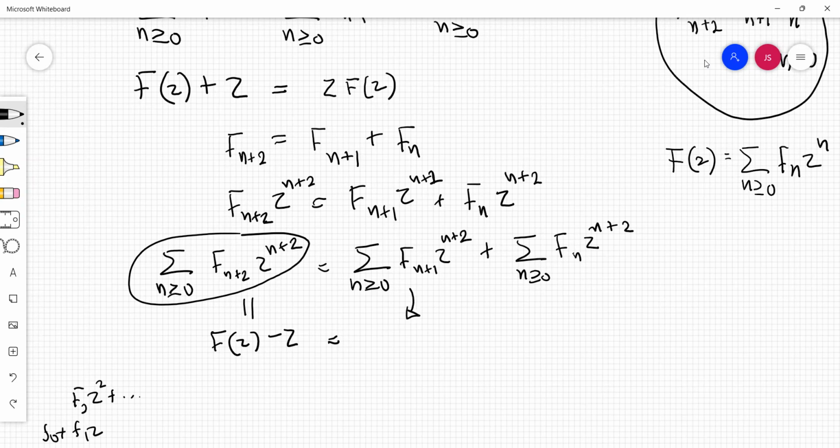ZF of Z. And that Z squared F of Z. Yes.